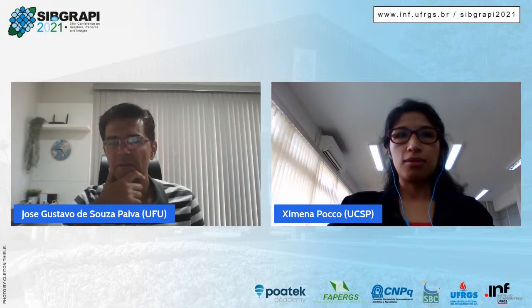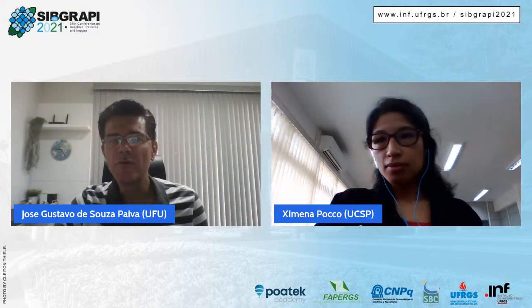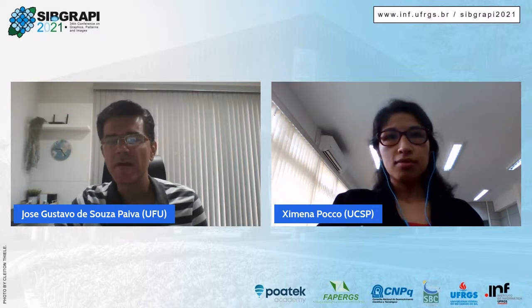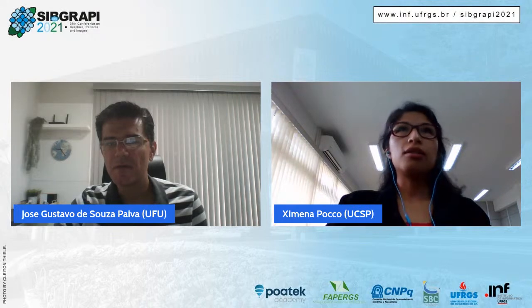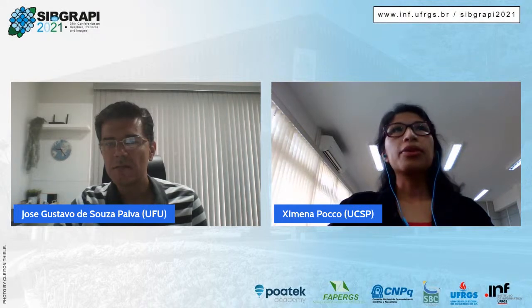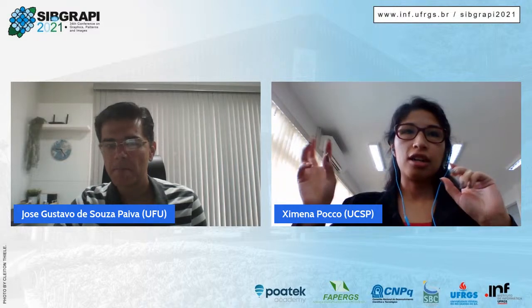Yeah, it leads me to my next question. For example, the control points are guided by the image, right? Yes, the control points are the papers of the images returned by the CBIR.